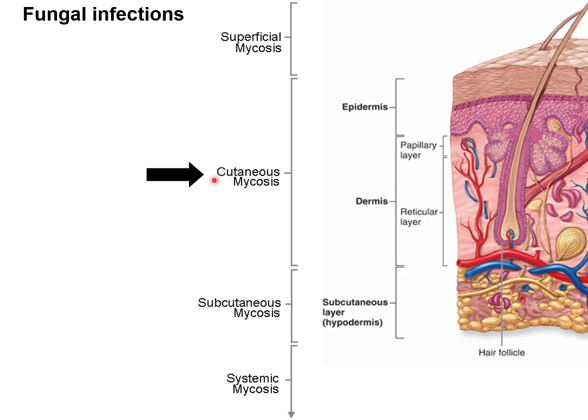So these agents can produce keratinase, but they cannot seem to live in deeper tissues despite having keratinase. So they're not really invasive. However, their inflammation extends deeper. So you'll see that they live in keratinized tissues. They can infect the skin, the hair, and the nails, but they don't seem to go deeper.